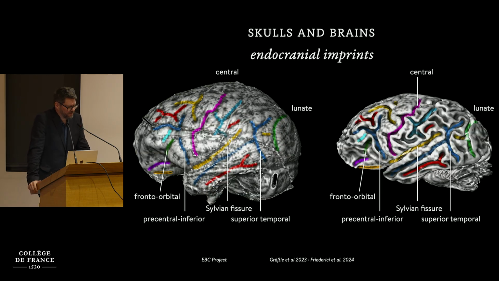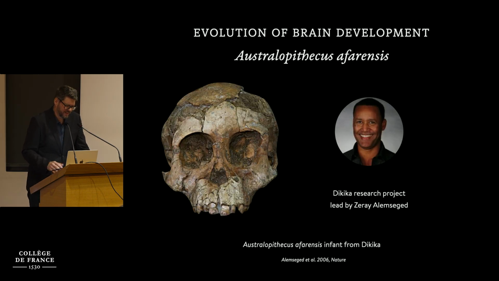And I'm happy to report that every major groove leaves an impression inside the skull. So this is really important because that allows us to directly connect what we see on these endocranial imprints to the underlying brain morphology.